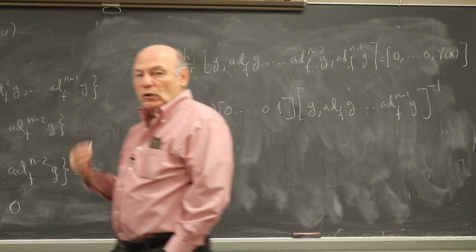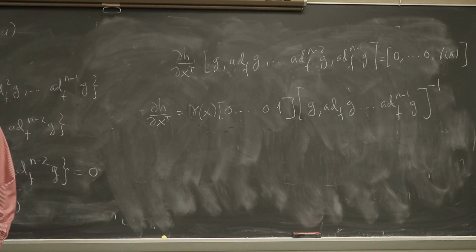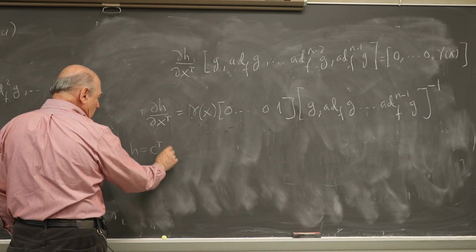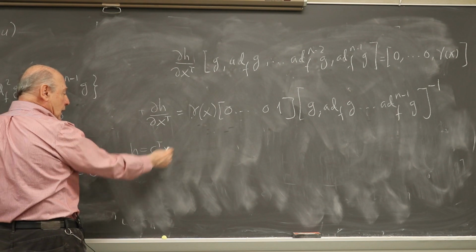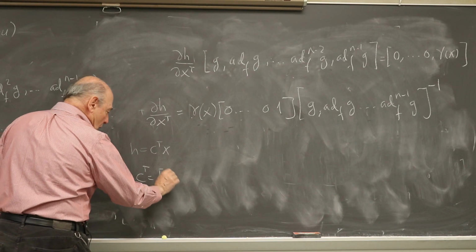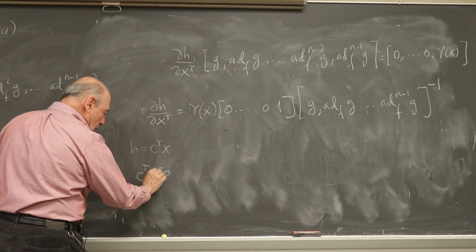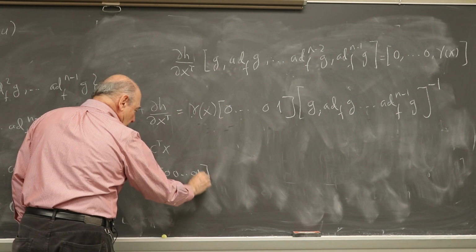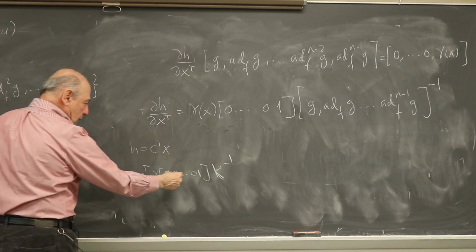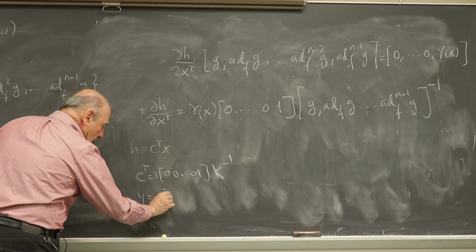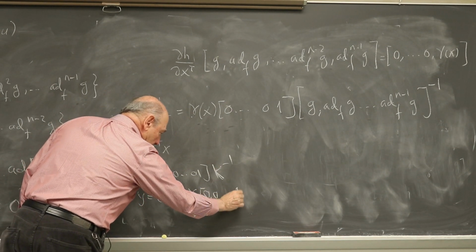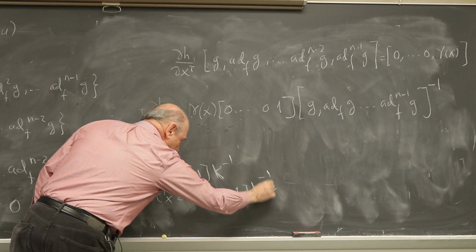That's exactly the same condition we had for linear systems, only that in linear systems h is of the form C transpose x, and therefore when I take the gradient I obtain the vector C as the last row, or proportional to the last row of the inverse of the Kalman controllability matrix, and that will be the matrix C. So the flat output, which is C transpose x, is just the last row of the inverse of the controllability matrix multiplied by the vector x.